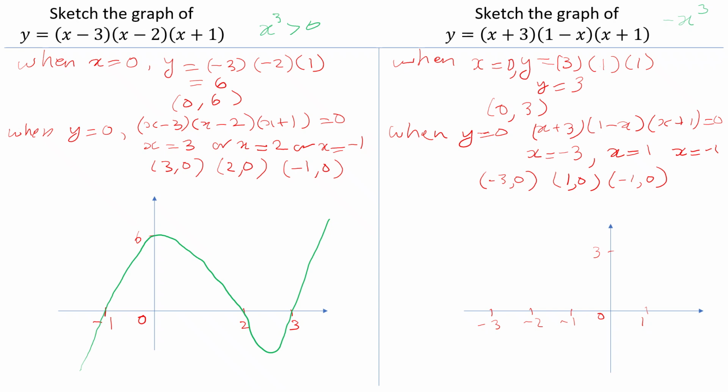It is minus x cubed, so the graph starts from the top left hand corner. This is one coordinate, this is another one. So start from here, comes like this, goes this way.